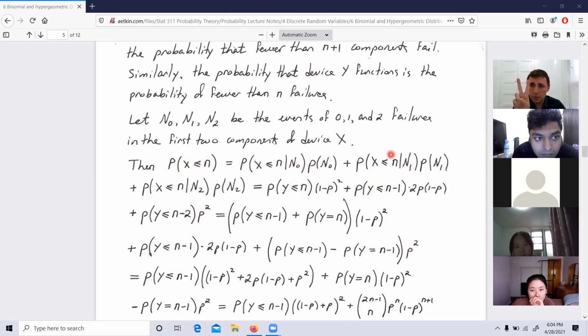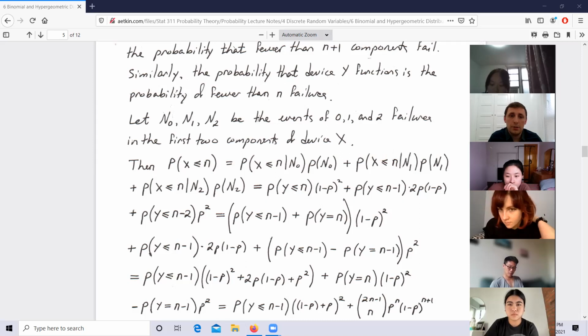You understand? I consider two components. N0 means none of the first two components failed. N1 means that one of the first two components failed. And N2 means that 2 of the first two components failed. You understand what I mean, guys? Are you still with me?